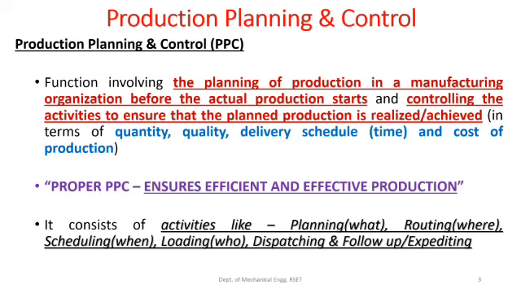And finally, follow-up or expediting, where you check whether the plans are being carried out. You measure any variations, and if any variations are detected, then you think about possible remedial measures. So production planning and control consists of planning, routing, scheduling, loading, dispatching, and follow-up or expediting.